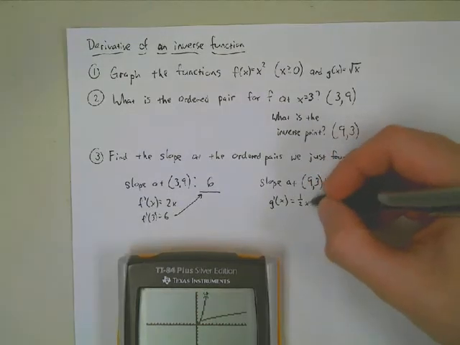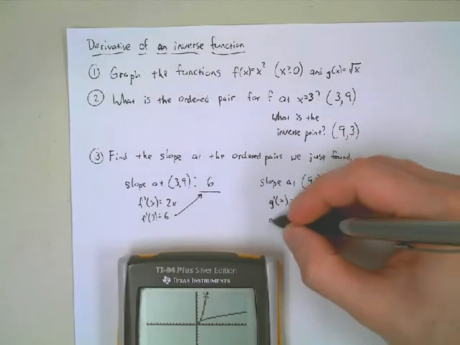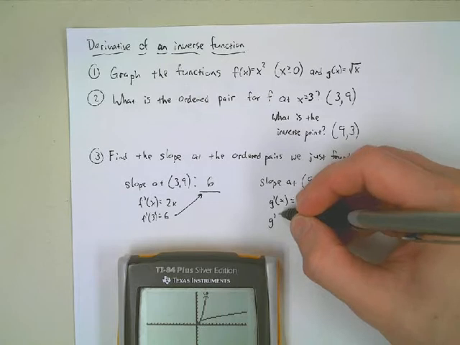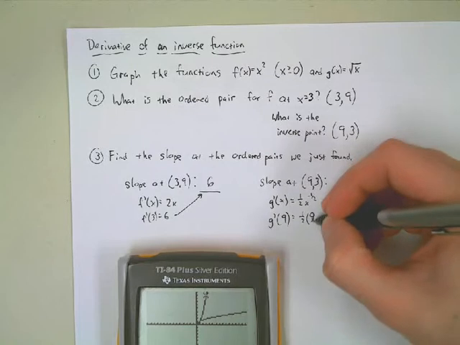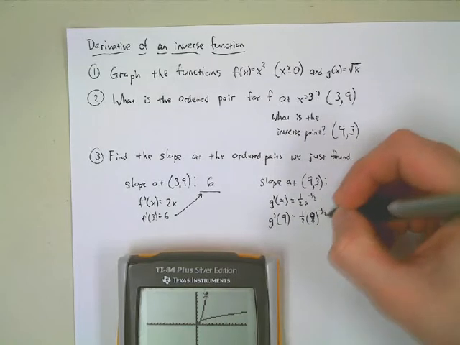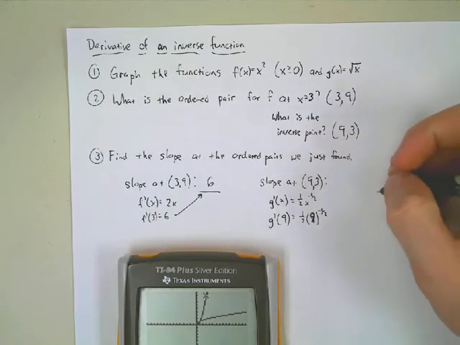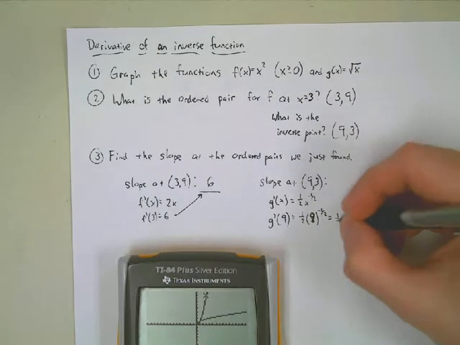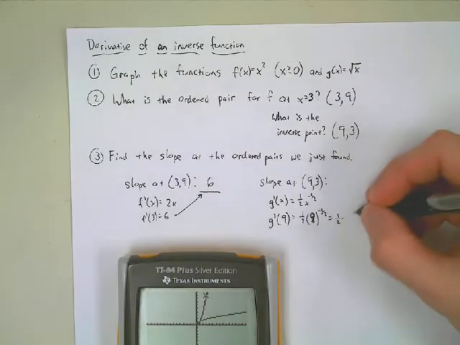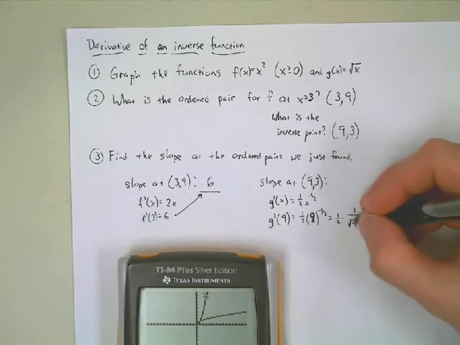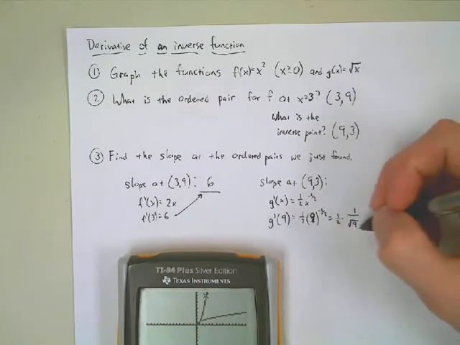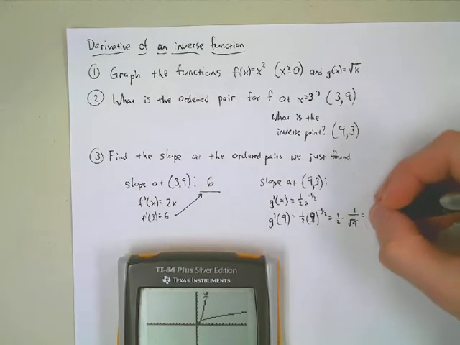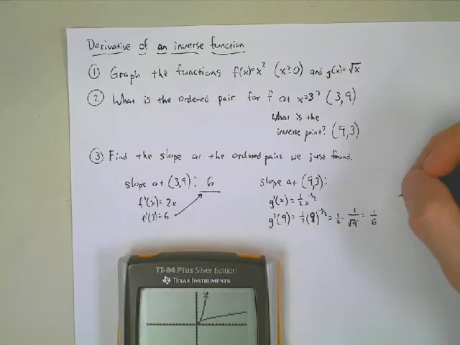And so I'm trying to find g prime of 9. So I'm going to do 1/2 times 9 to the negative 1/2. That's going to be 1/2 times 1 over the square root of 9. Negative 1/2 means you put 1 over that, and then the 1/2 power is the square root. And so it's going to be what? 1/3 times 1/2 gives you 1/6 there.